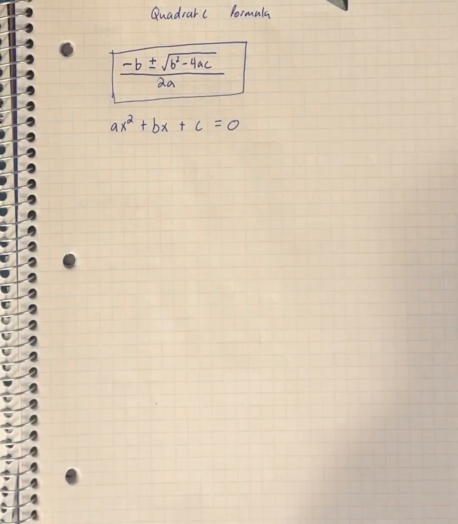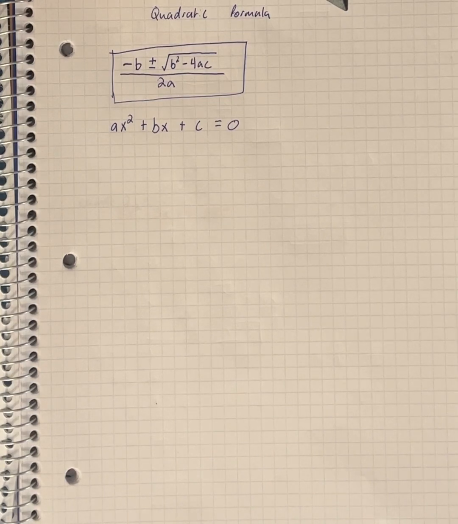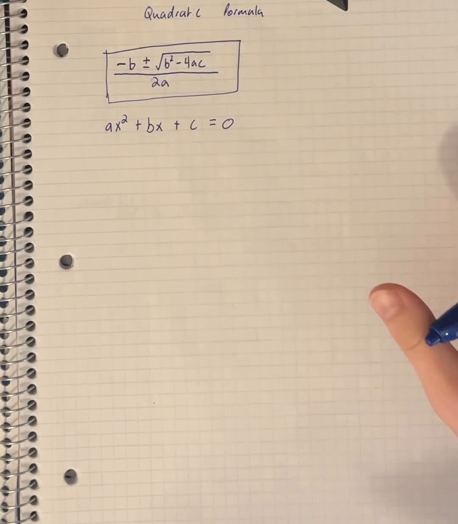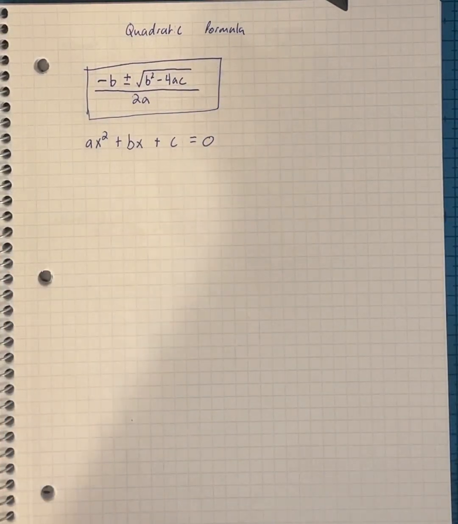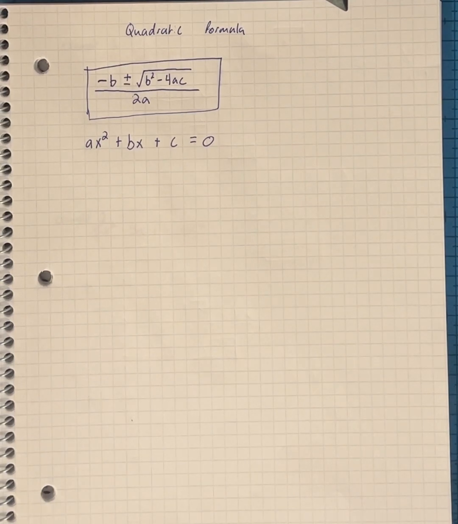Okay, so we've been talking about factoring a lot, and I wanted to wrap up the question that you asked me in the series of videos about factoring with this video. So basically, factoring is a precursor to the quadratic formula.